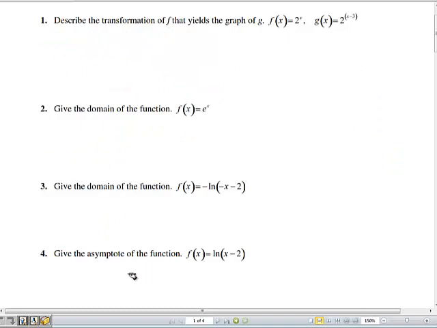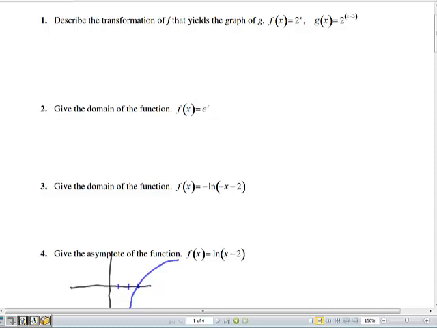Alright, the asymptote for this function will be, let's see, we're going to shift it to the right by 2, so it was right there, so now it's going to be here, and now the graph is going to be like that.